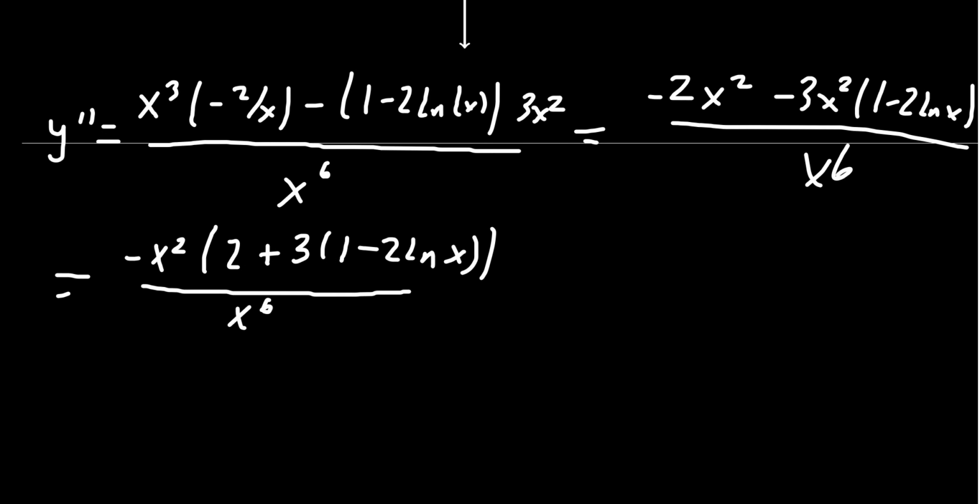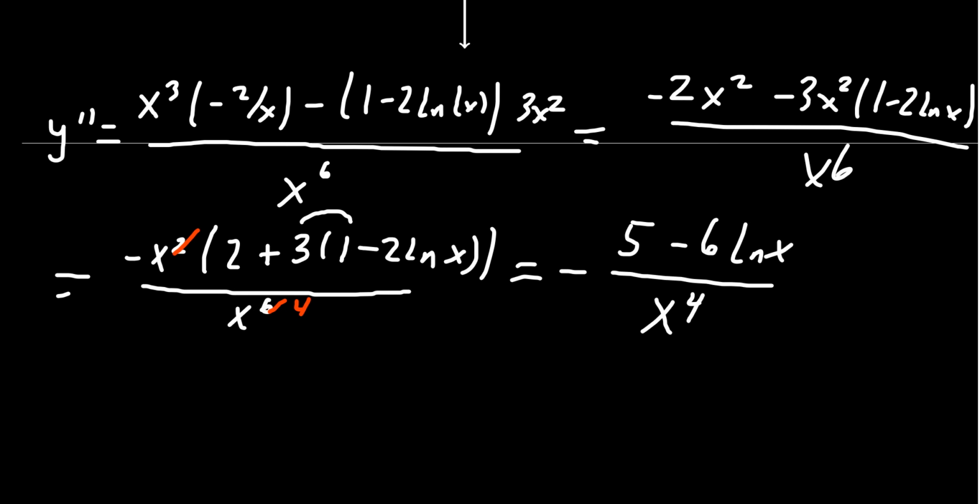So we can simplify the denominator a little bit. We get x squared canceled there, leaving x to the 4th. What's going to happen in the numerator? We're going to have 3 times 1, which is 3, plus 2, which is a 5. So we get negative 5. And then we're going to get a negative 6 natural log of x sitting above x to the 4th.